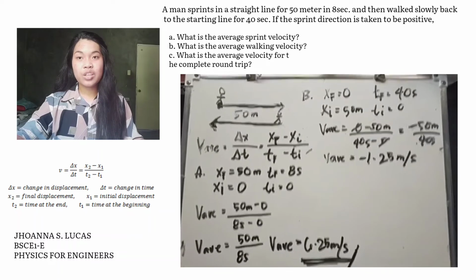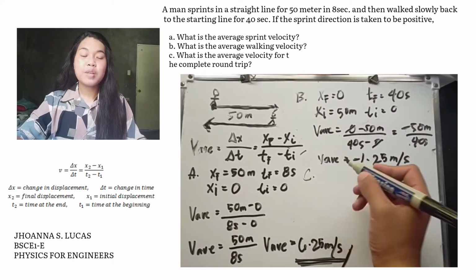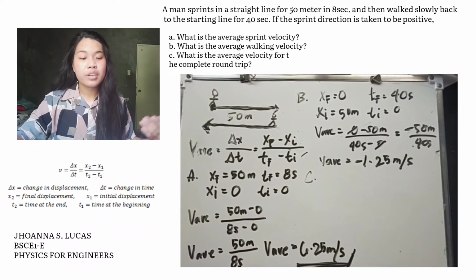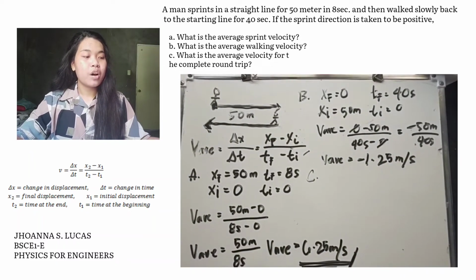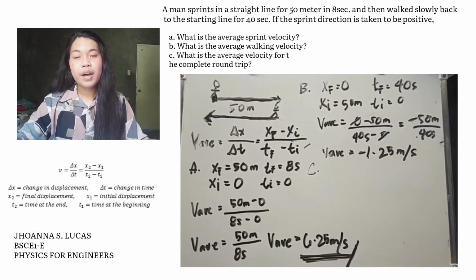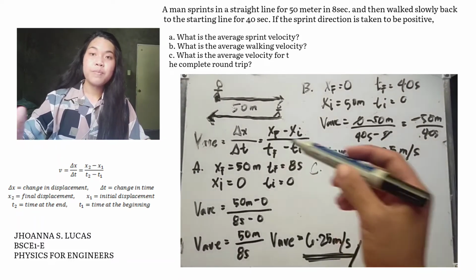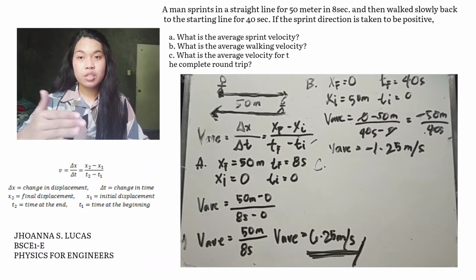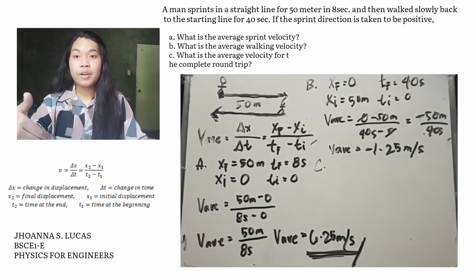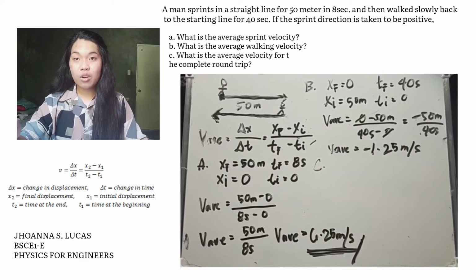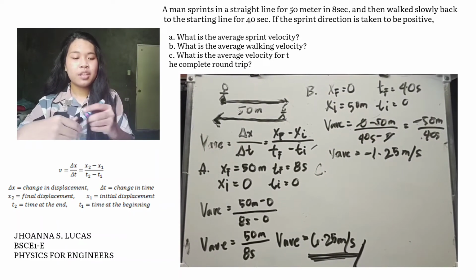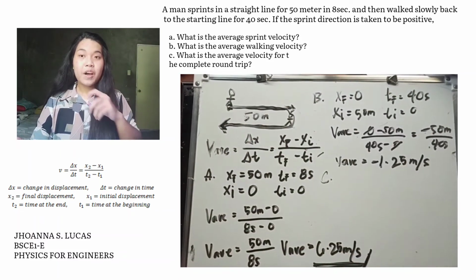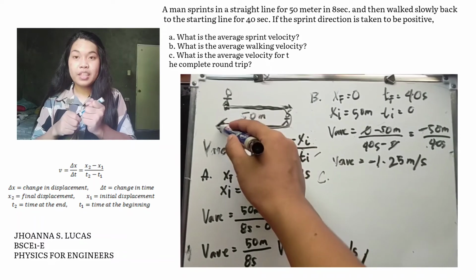For the last question, it is asking for the average velocity for the complete round trip. It is asking for the whole round trip of the man. Since the man sprints for 50 meters for 8 seconds and slowly walks back for 40 seconds, the man traveled like this. So after he traveled like that, he stopped at the origin.